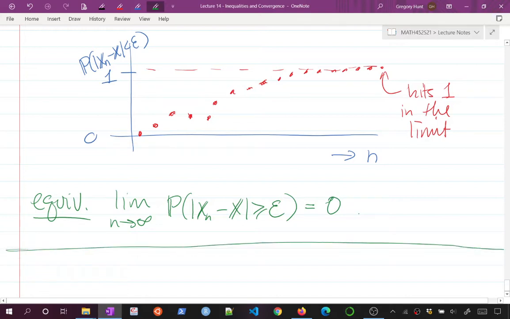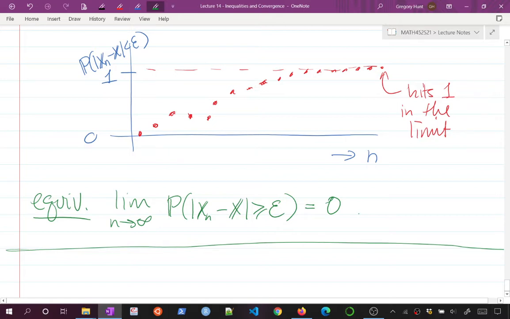That's the flip side, just taking 1 minus the probability on each side. So if I want to drive that probability down to 0, I can go sufficiently far out into my sequence and I'll eventually get it.